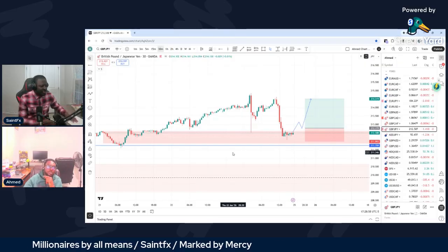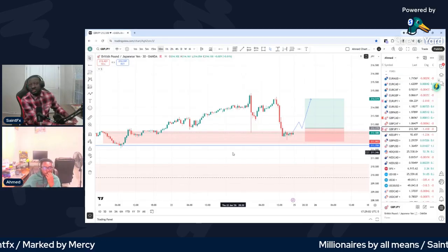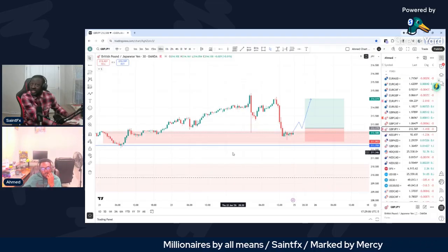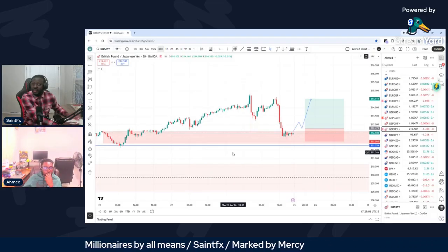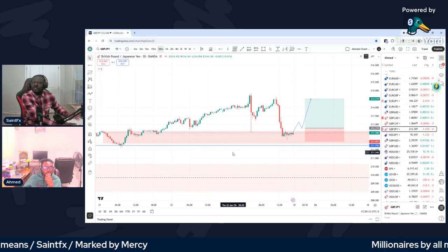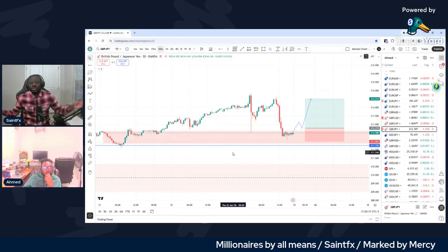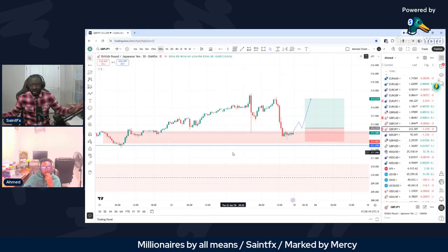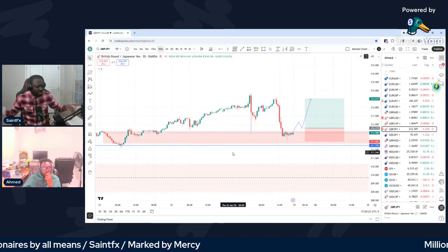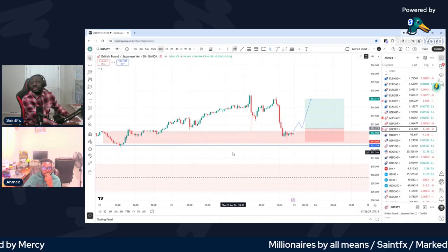So I will use maybe 200 or maybe 100, because I don't have all my setup in place. The trade looks interesting, so I will put something over there, because trading is a risk game. Everybody knows that, right? So I will risk 100 or 200 and see.